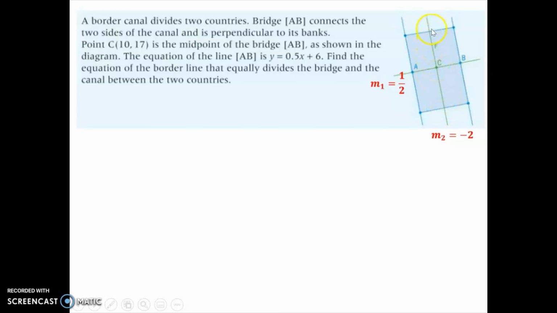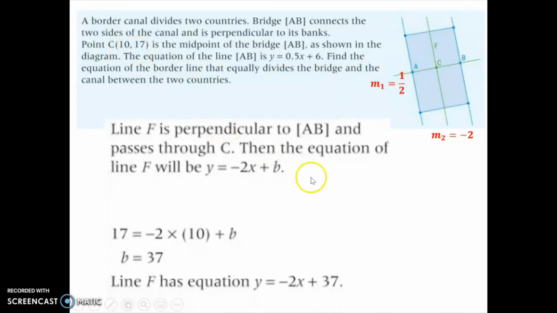Now if we can just find a point, we can find the equation of the border. Okay, so can we find a point? And maybe the midpoint is the one we need, right? How do we find that midpoint? Well, it does tell you the location of the midpoint right here. Okay, so now you know that your equation must be this for this border line. There's a slope, there's a c value, we don't know.